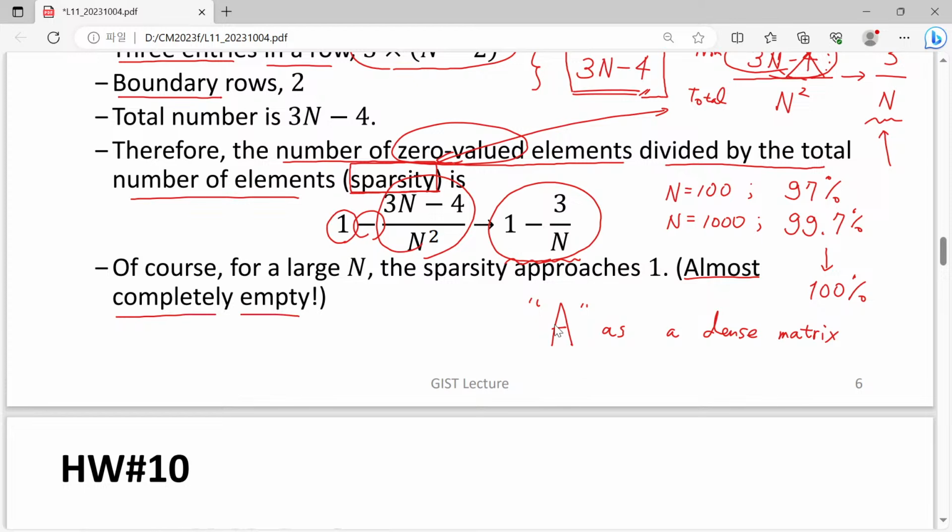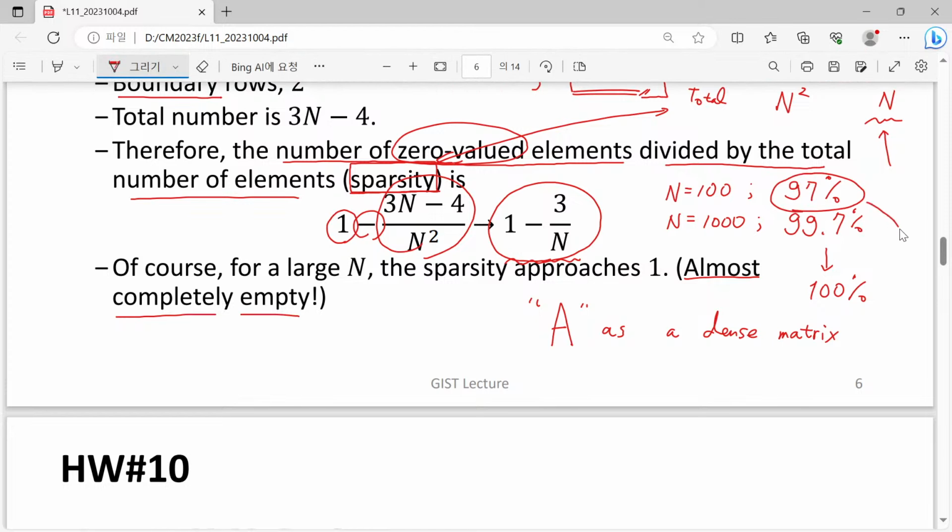For example, think about this one: when we try to describe this A matrix as a dense matrix, then we are just wasting 97% of our resources.